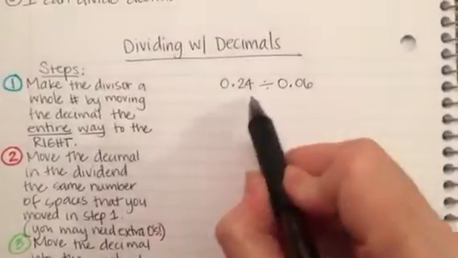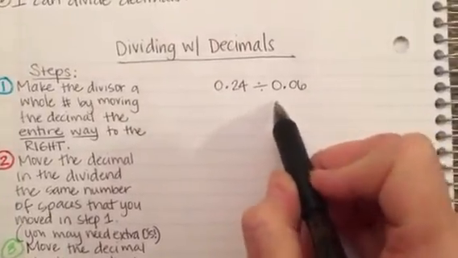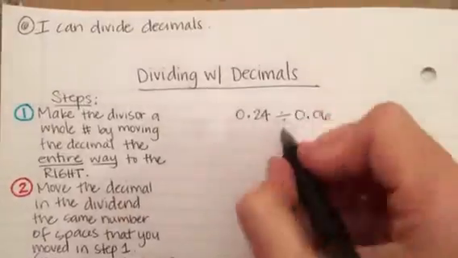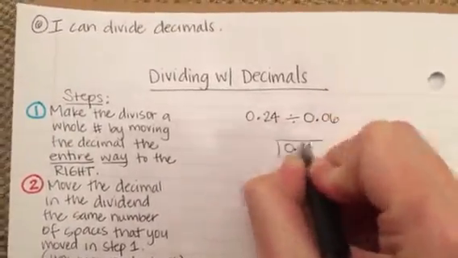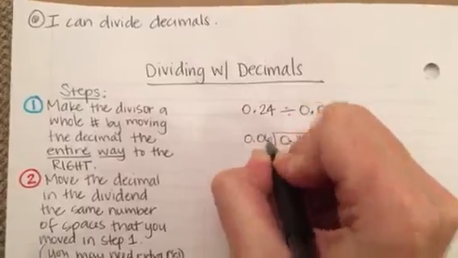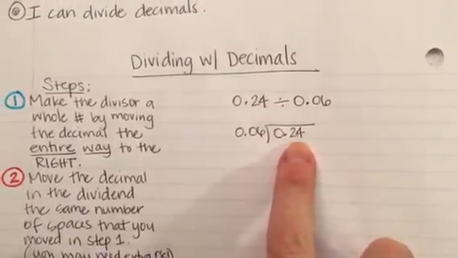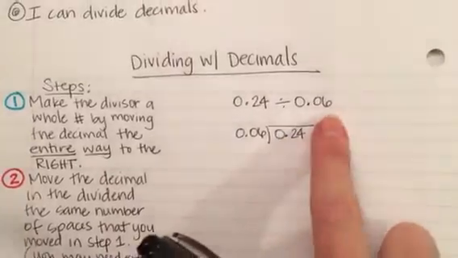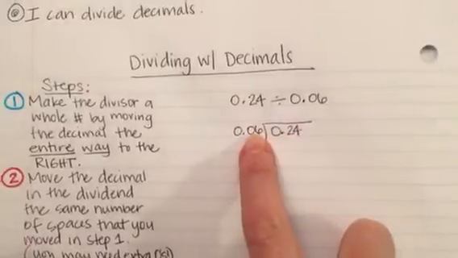And now you see that our dividend is a decimal and our divisor is a decimal. So the first thing that we have to do is we have to write this as a division problem. So my dividend of 24 hundredths went inside the division symbol, and then my divisor of 6 hundredths went outside my division symbol.